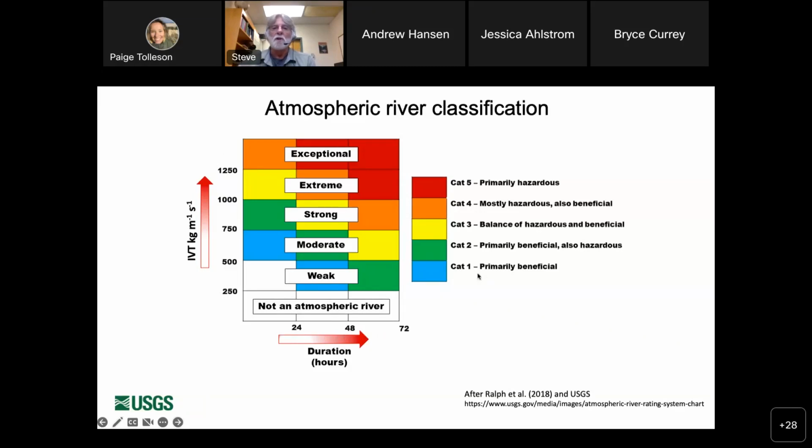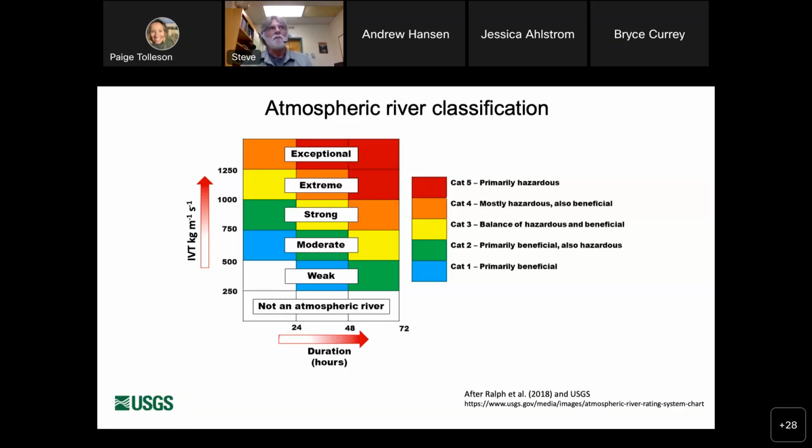In terms of how these are looked at on the landscape, they've also done this categorization on the right here of being beneficial, a balance of hazardous and beneficial, and primarily hazardous. So for the June event, we were up here along the Pacific Northwest coast. We were up in this exceptional category in terms of the strength of it.